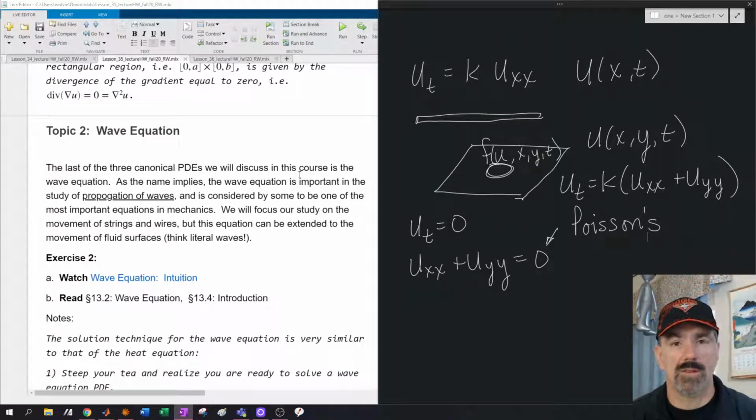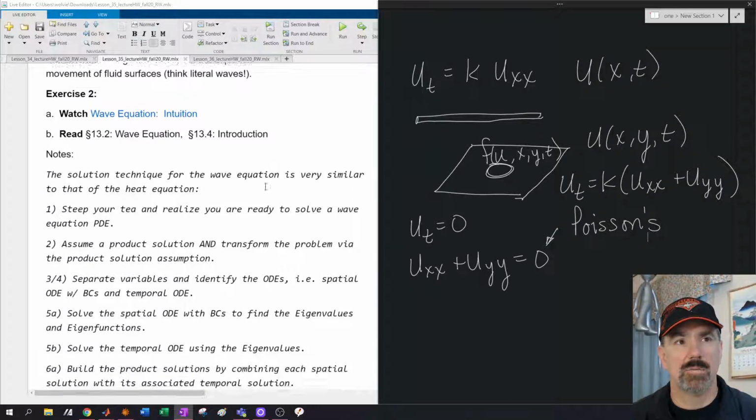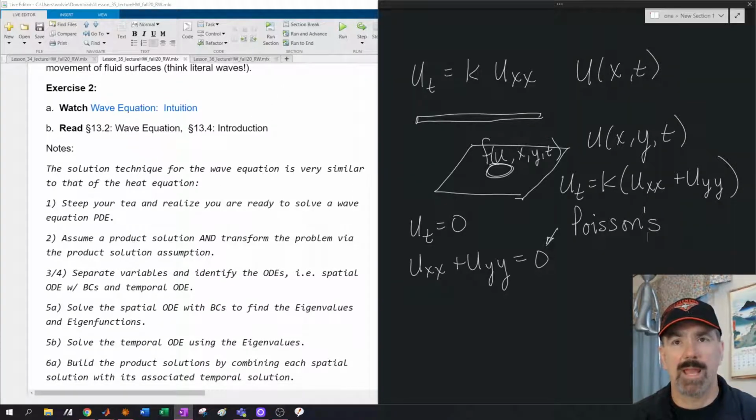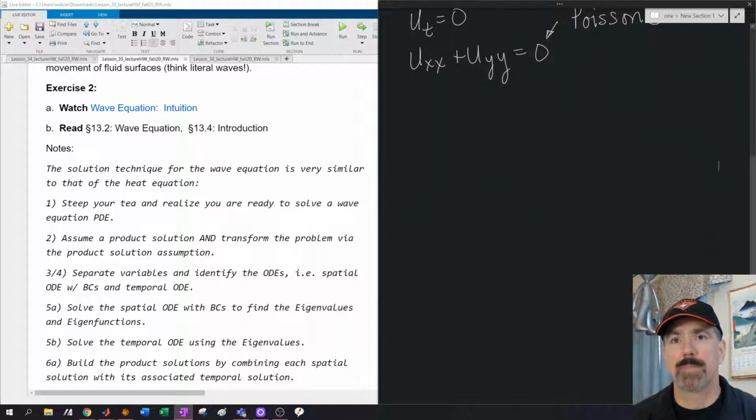Now we talk about the wave equation. And again, a nice video kind of giving you the introduction to the wave equation. We talked about this a little bit previously, and let me just reiterate what we discussed last time.